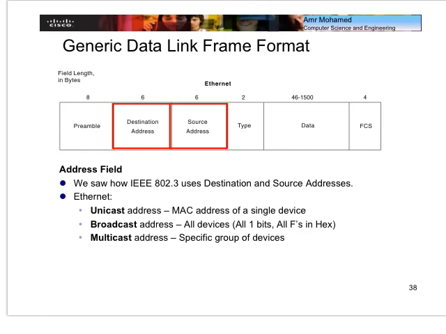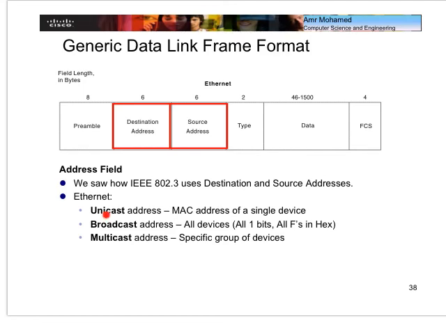Not broadcast, because broadcast is easy, it's all Fs, and all the nodes have to consume that frame. But with multicast, you send to a specific group of nodes, not necessarily all of them. So it's not all Fs. However, they use F on one part and non-F digits on other parts to indicate that this is not a broadcast address, it's a multicast address. And based on the part that's not F, you can create multiple subgroups on the shared line.